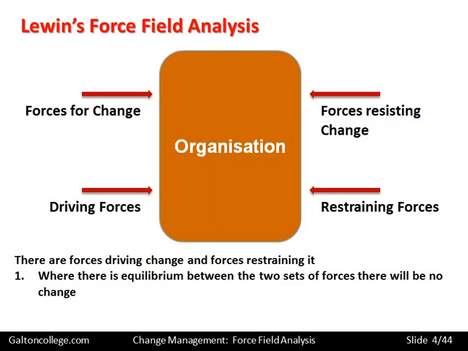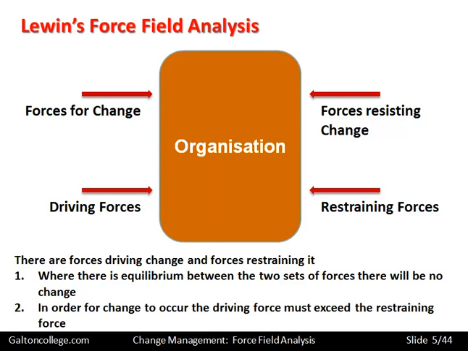So the forces driving change, and there are forces, as I said, restraining change. Where there is equilibrium between the two sets of forces, there will be no change. So an equilibrium between the two sets of forces means no change.